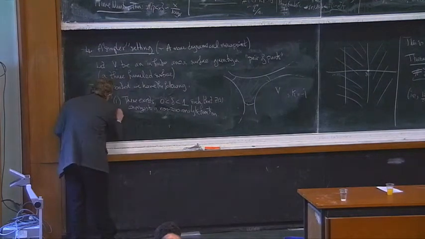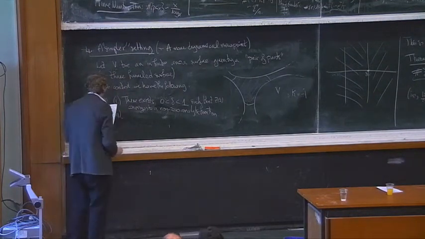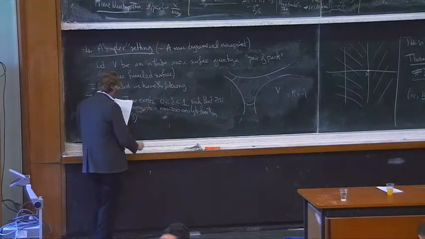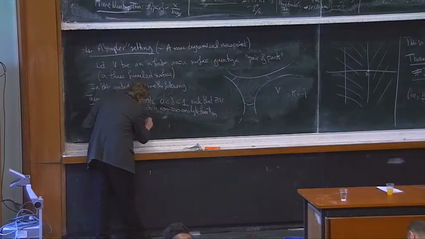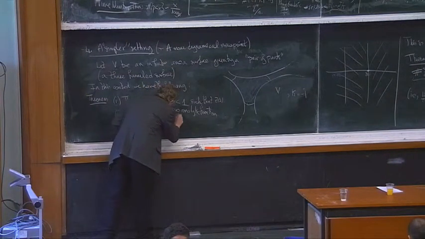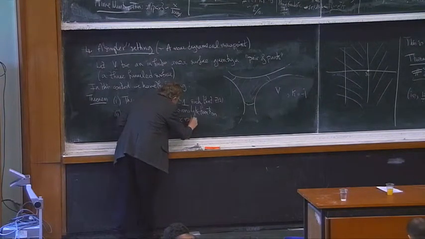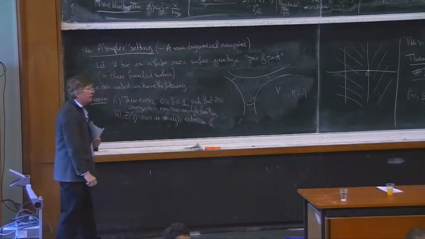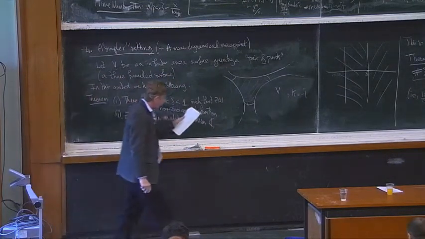Now delta is just some other number, which actually has to be strictly smaller than 1 for some reason or other. And the second property is that, well, zeta of s again has an extension to the entire complex plane as an entire function. So zeta of s has an analytic extension to the entire plane, just as the Selberg zeta function did, and more or less as the Riemann zeta function did as well.